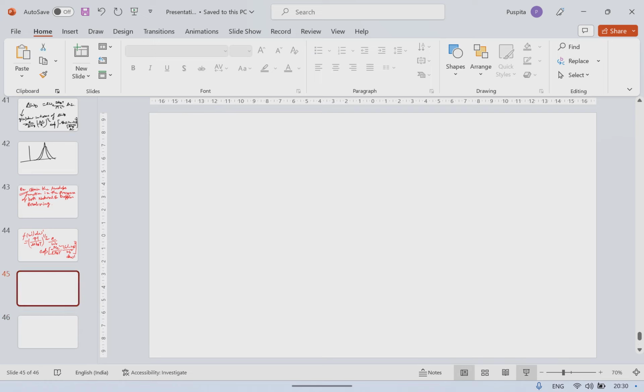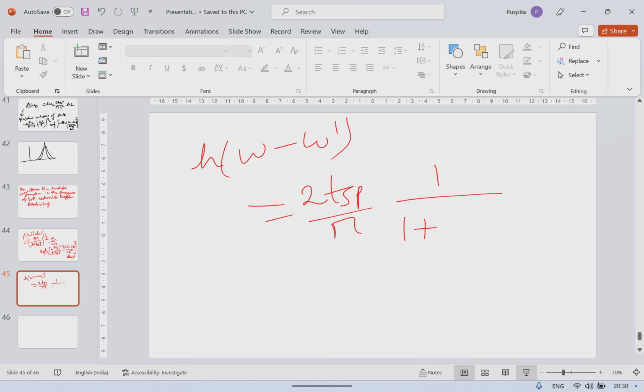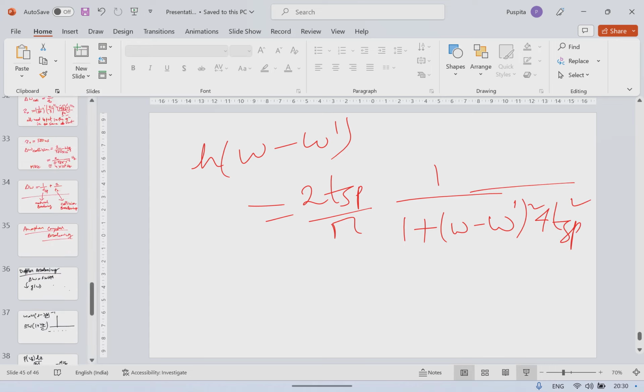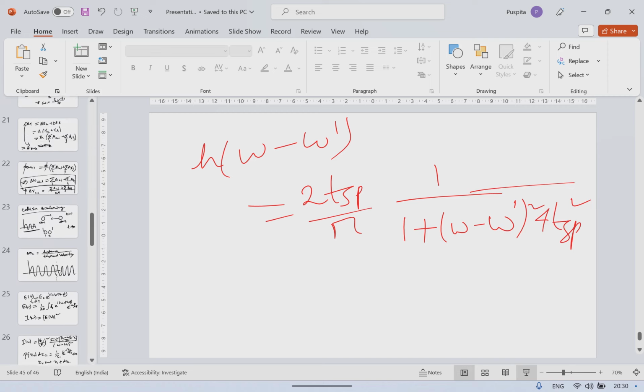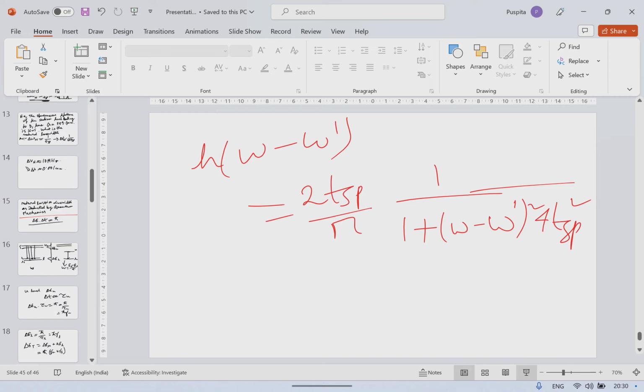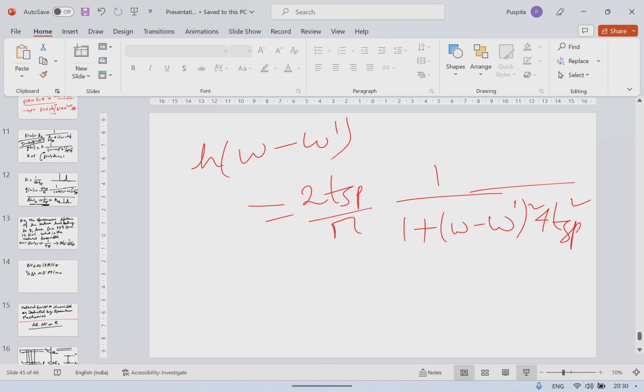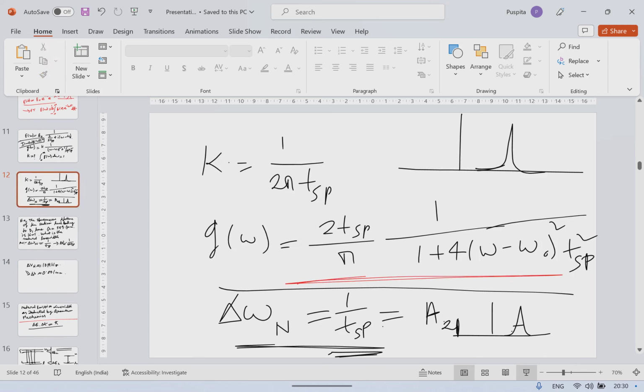And the atoms characterized in the natural broadening is given by τ_sp by π over 1 plus (ω minus ω') whole square times 4τ_sp whole square, like I have mentioned already. This corresponds to natural broadening.